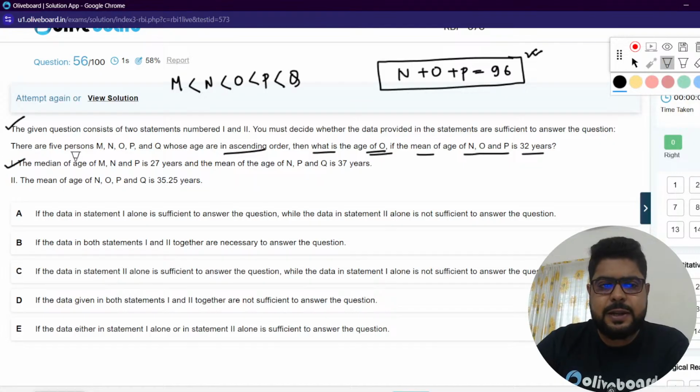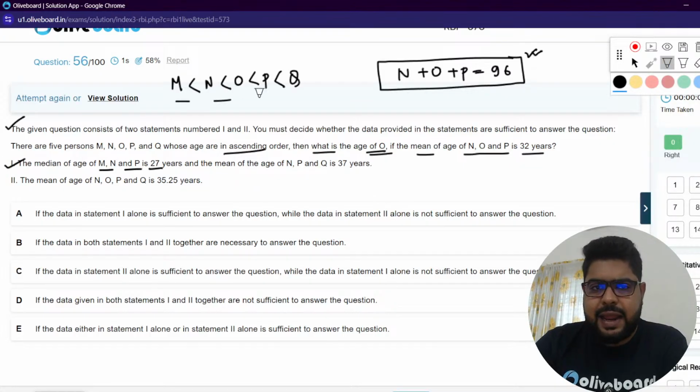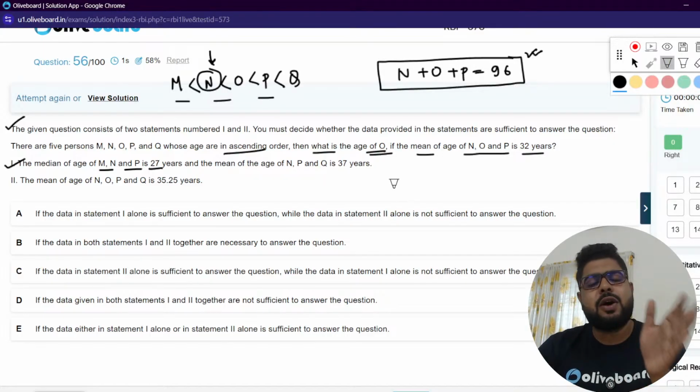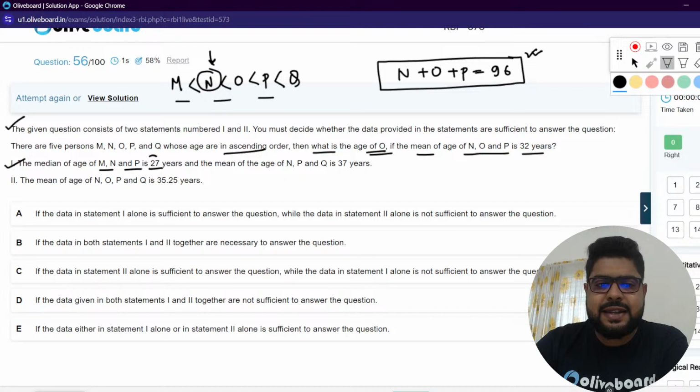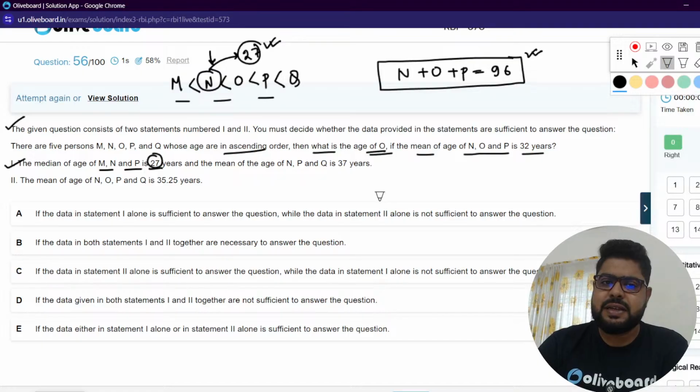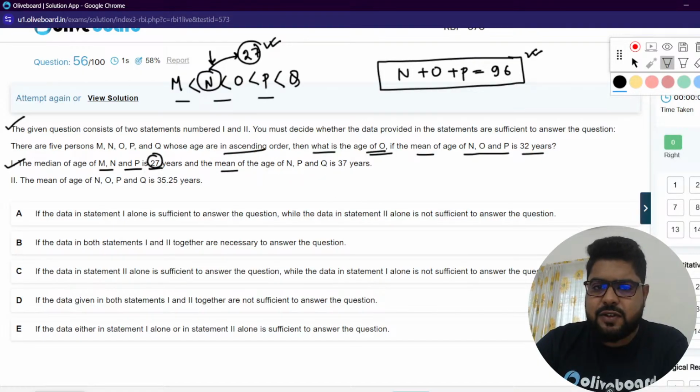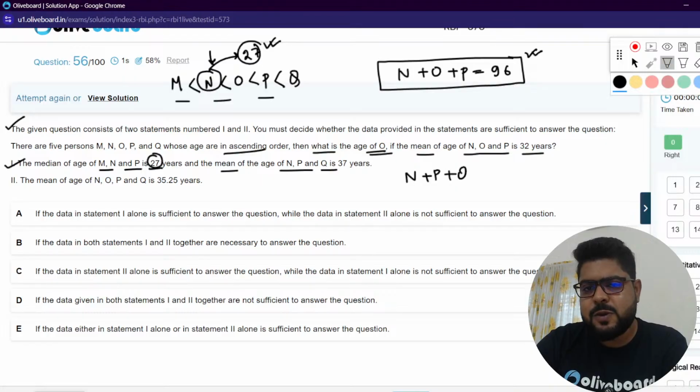Now, first statement, median of M, N and P. So median will be N, because the order is given in ascending order, and it is 27. Meaning the age of N is 27. And the mean of the age of N, P, Q, that means N plus P plus Q, will be 37 into 3, that is 111.